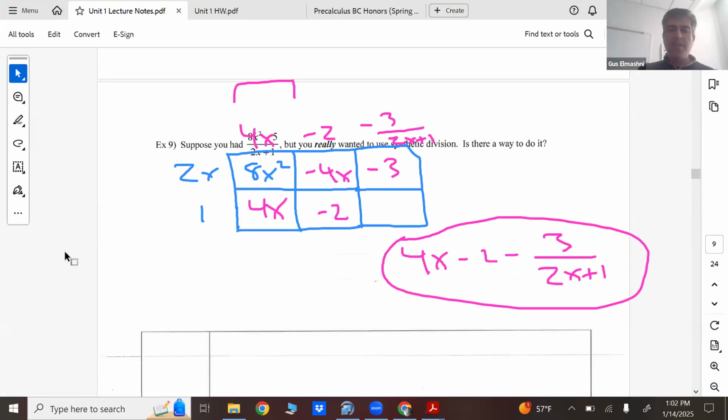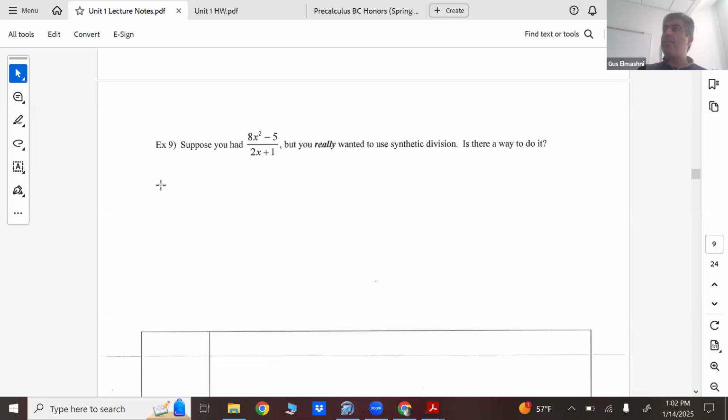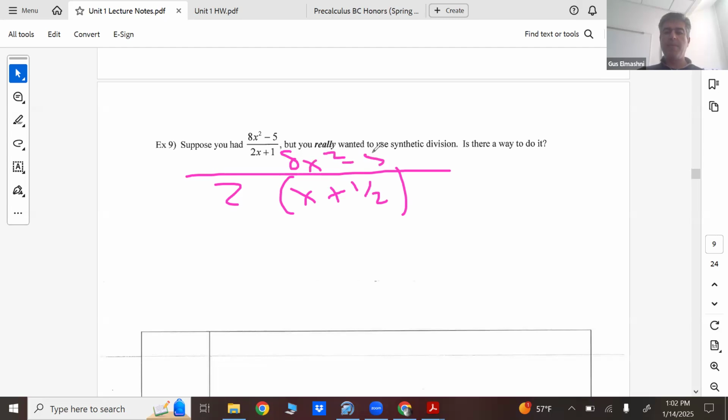Sure. Yeah. What you want to do is this. You factor out the 2 from the bottom. So it becomes this, right? And up top, you have this 8x squared minus 5. Now, that 2 on the denominator will now move its way up top like this.